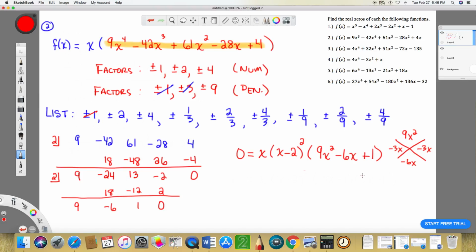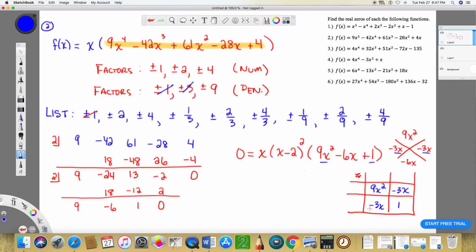Since the leading coefficient is not 1, go ahead and construct a table. And in the body of the table, along one diagonal, put the first term and the last term. And along the other diagonal, put the values you found in your x.